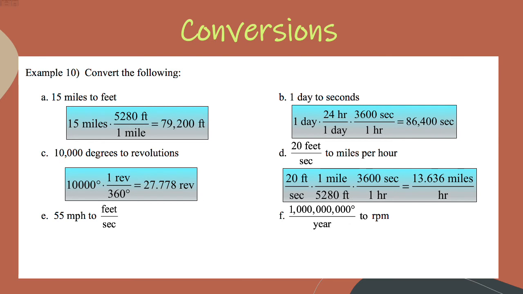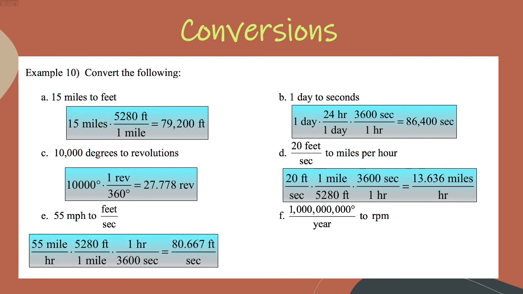At the same time, we're going to change our seconds to hours, and we realize that there are 3,600 seconds in 1 hour, 60 times 60. So now the seconds cancel, and doing the math, we have 20 times 3,600 over 5,280, getting 13.636 miles per hour.